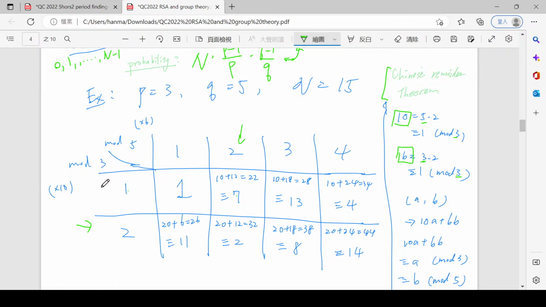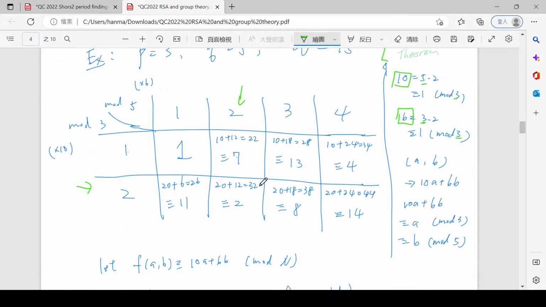Now think about it: you want to take some coordinate (A, B) on this table.